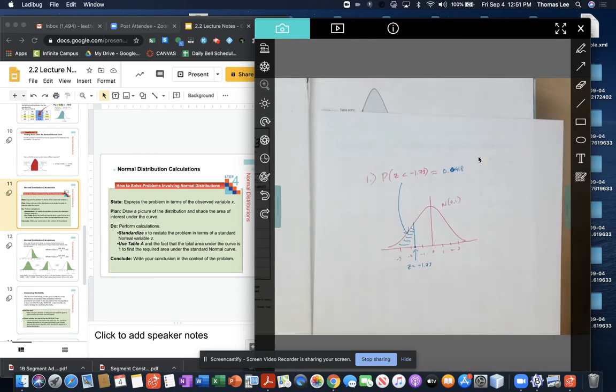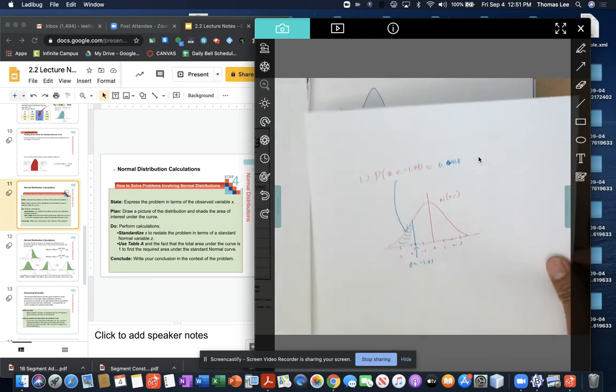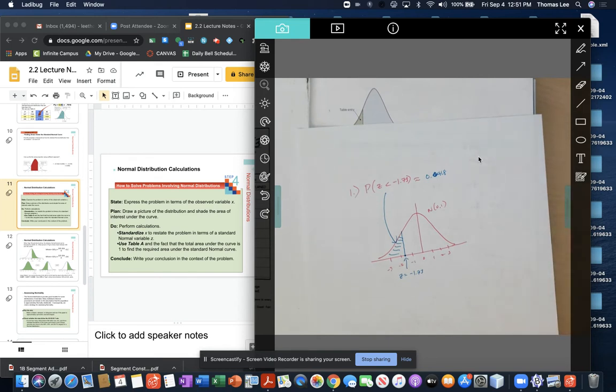And my answer in context is that approximately 4.18% of the data lies below the critical value of z equals negative 1.73.